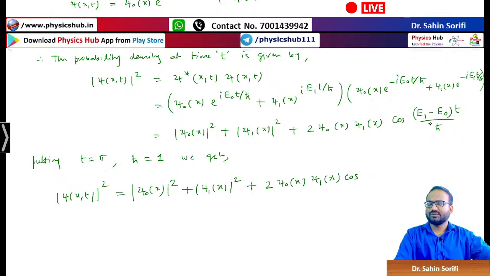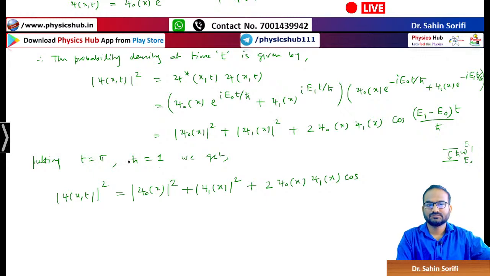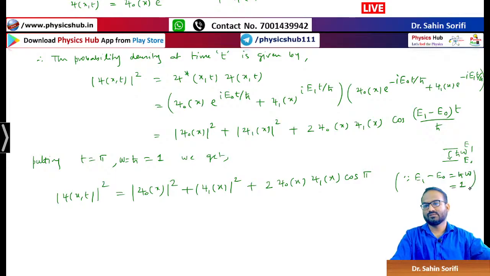So you know, in harmonic oscillator, what is the difference between the two energies E0, E1? You know that energy difference is h cut omega, so it is cos omega t, and omega is given to be 1. So this becomes cos pi. E1 minus E0 equals h cut omega, so equals 1. Both h cut and omega are 1.